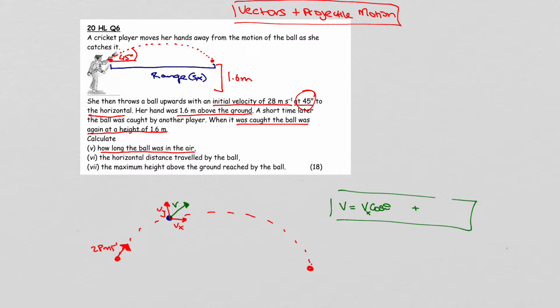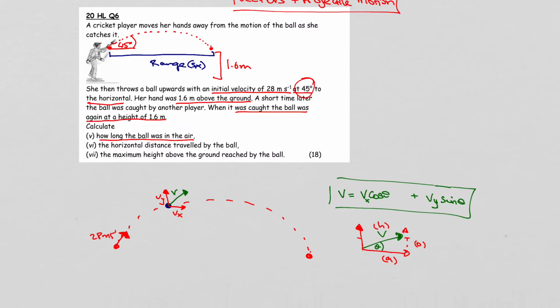And again, where we're getting those from is resolving that vector, which we looked at in the vector video yesterday. So in other words, if I have v as my vector at any given angle, then by drawing the perpendicular and parallel components to each other, we have these two vectors are equal because they are the opposite sides of a parallelogram, which gives me the opposite side, the adjacent side, and the hypotenuse.